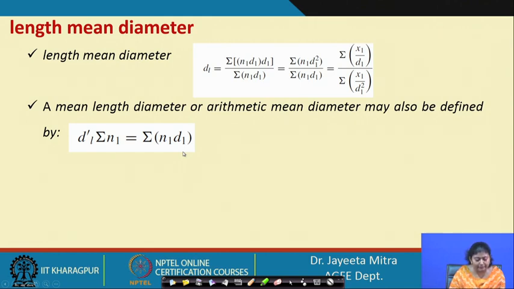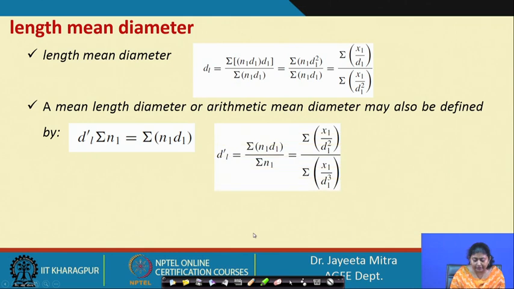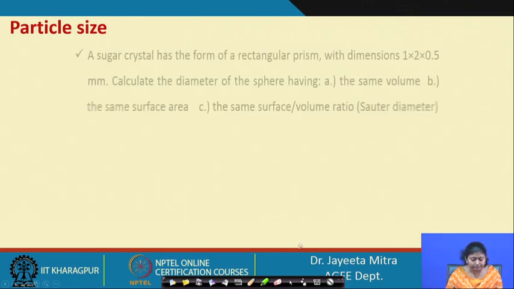This may have different sizes and lengths equivalent to the size dl dash, the arithmetic mean length. In terms of mass fraction, that becomes summation n1 d1 by summation n1, or summation x1 by d1 square divided by summation x1 by d1 cube.